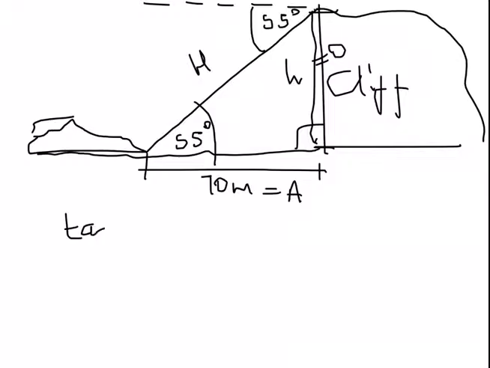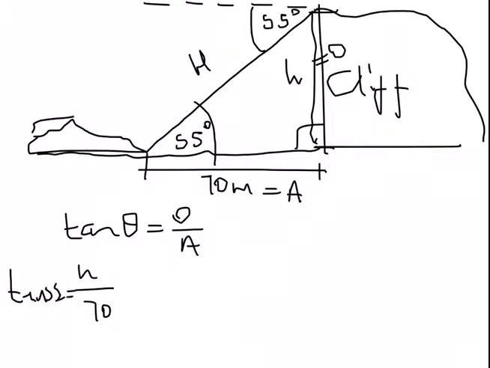Tan of an angle is equal to opposite over adjacent. Our opposite is what we are looking for, over our adjacent, which is 70. It doesn't matter whether tan of the angle is on the other side.